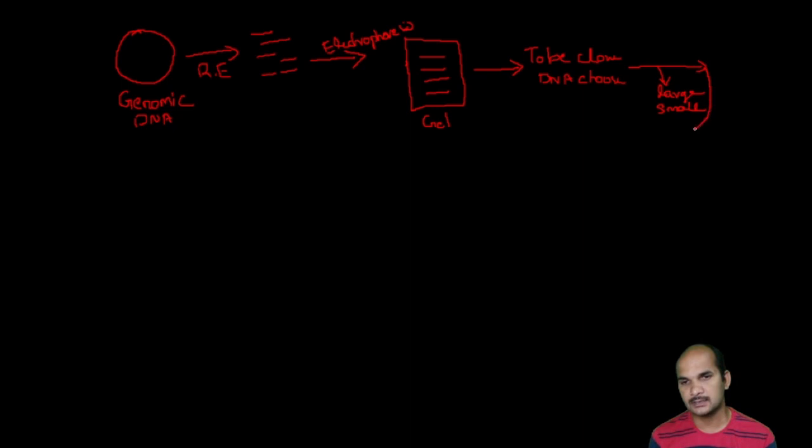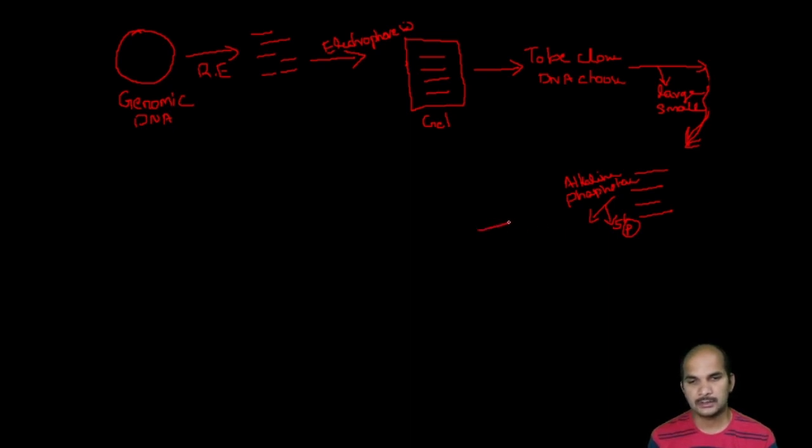These DNAs are treated with alkaline phosphatase enzyme. This alkaline phosphatase enzyme removes the 5 prime phosphate from the DNA.